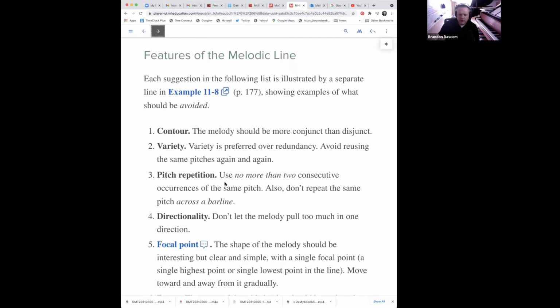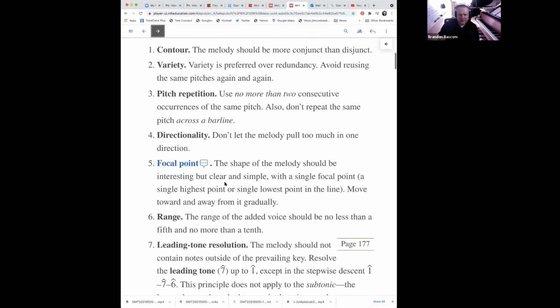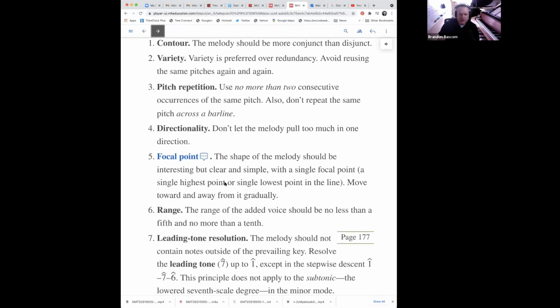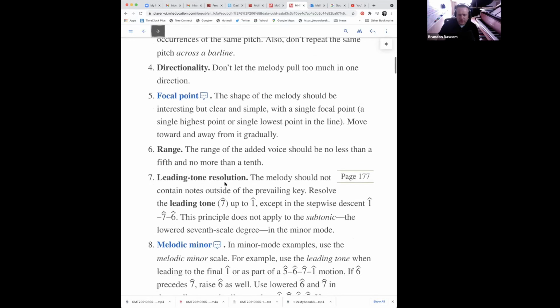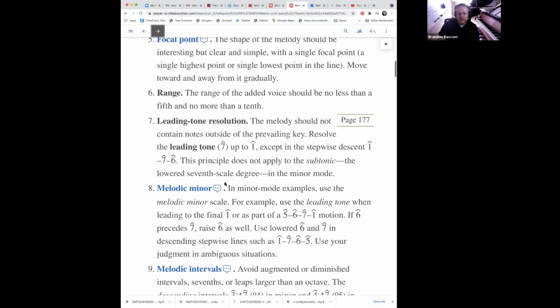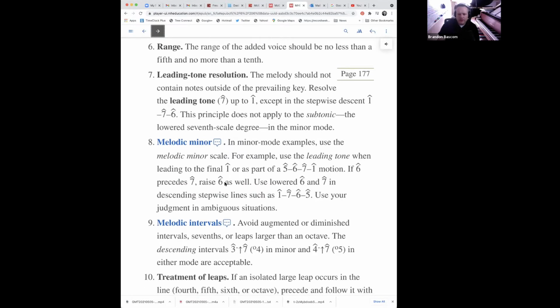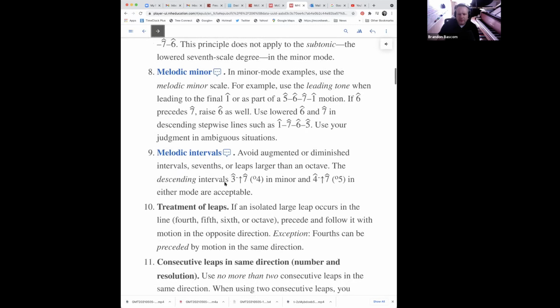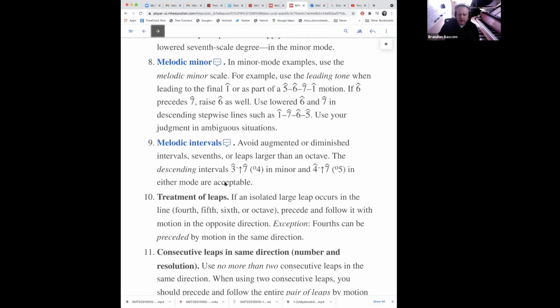Don't use more than 2 consecutive pitches and don't do it across a bar line. Don't let the melody only go one direction. You should have a focal point. Range should be no less than a fifth, no more than a tenth. Leading tone resolution needs to happen. Go to melodic minor if you can.